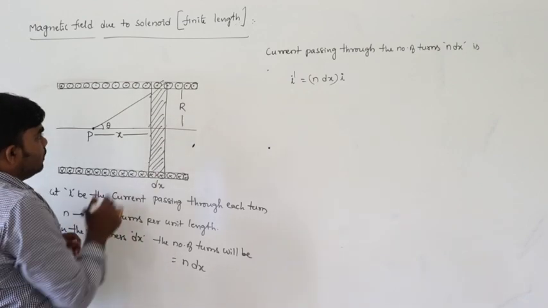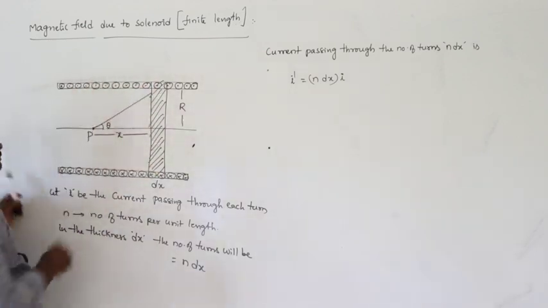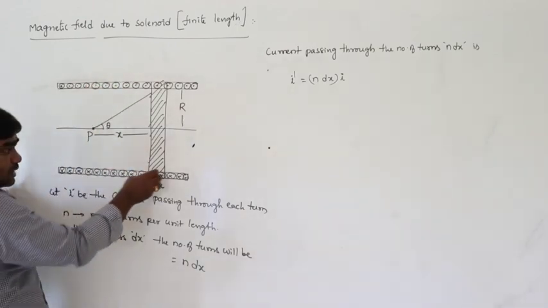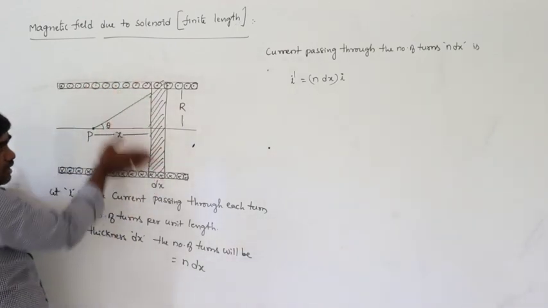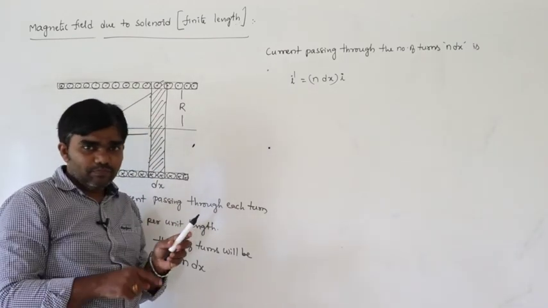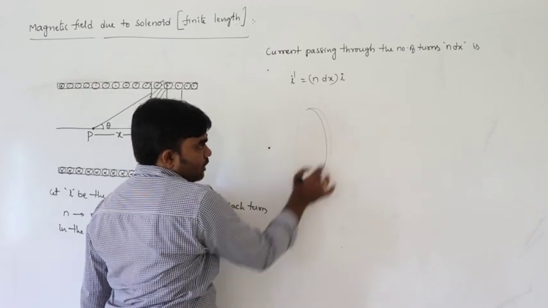Now we have to calculate the magnetic field due to this small portion. In this dx length there are a number of turns, n into dx, and each acts as a circular ring.